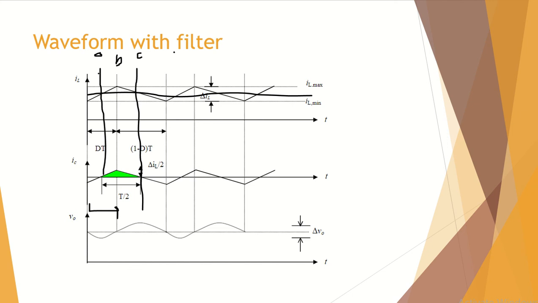But from point C to point D, the inductor current will become less than the load current, so the capacitor will discharge to maintain that load current. Overall, if you see the average value of this waveform, it is 0.